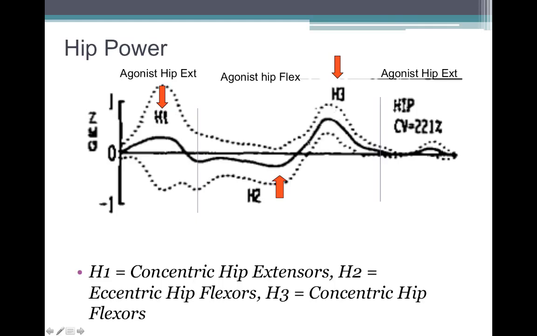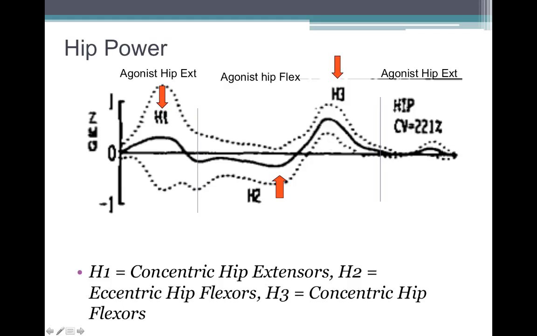And this burst is associated with causing, and this is not a mistake, knee flexion. The knee flexion occurring at the knee is passive, and so this peak 60-degree knee flexion is dependent on this hip H3 burst, this concentric hip flexion that begins in pre-swing and then peaks slightly after pre-swing.